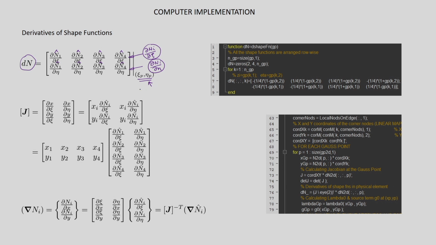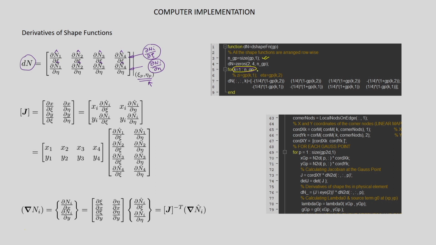How did we do that? We ran a loop for k equal to 1 to njp, where njp is the number of Gauss points, calculated as the size of the Gauss point matrix in the row direction, that is, how many rows are there in GP, where I have stored all the Gauss points.